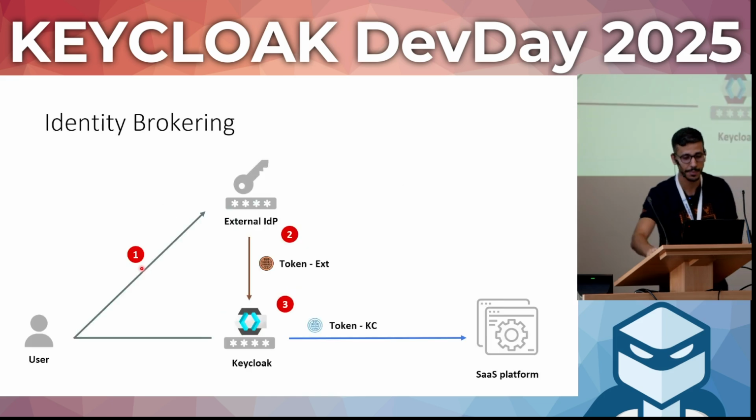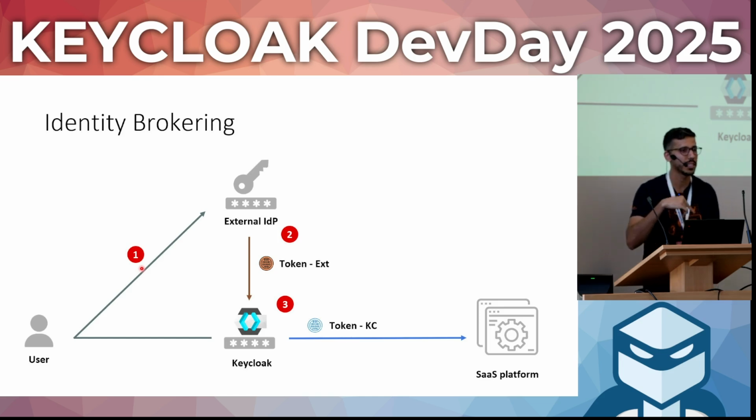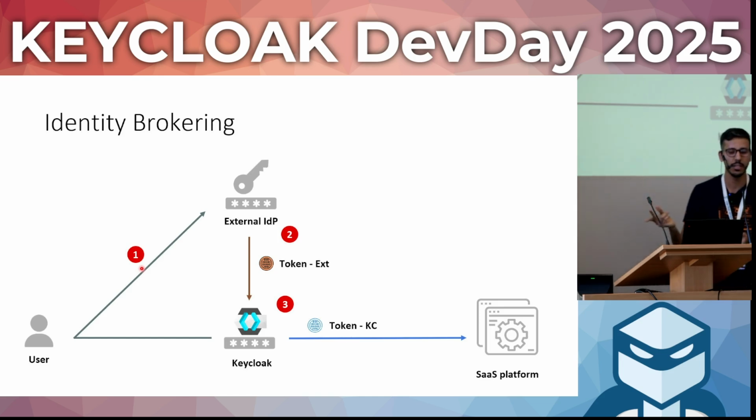Basically, when the user is redirected to Keycloak, we can give them the option to authenticate with another external identity provider, which is step one. Then in step two, we get the token in the external format, and this should be mapped to the internal format of Keycloak.